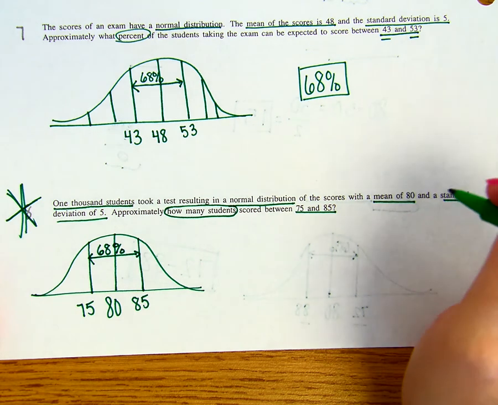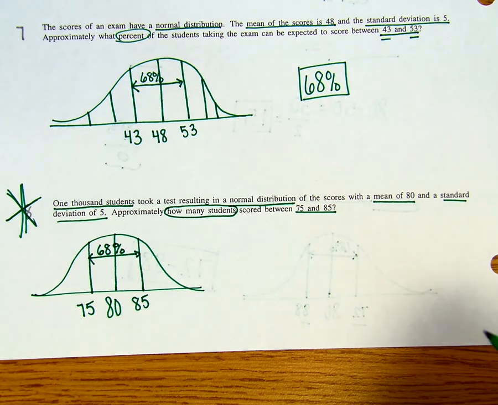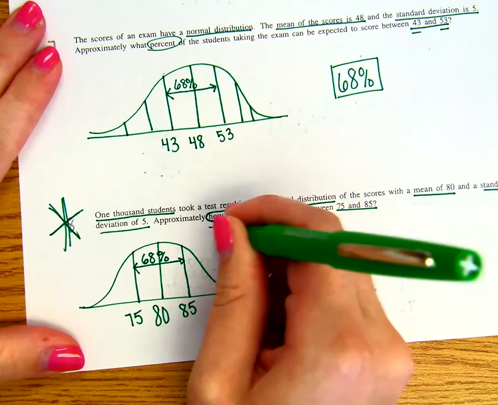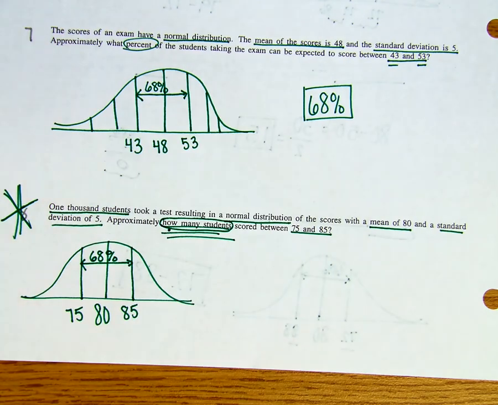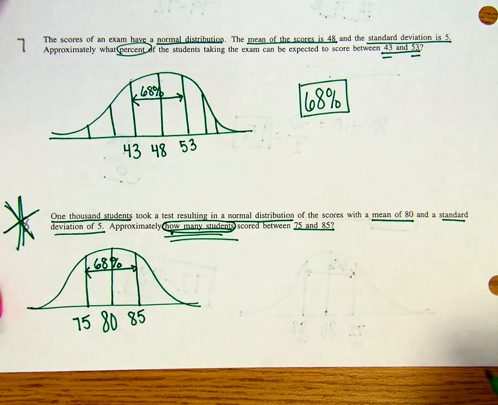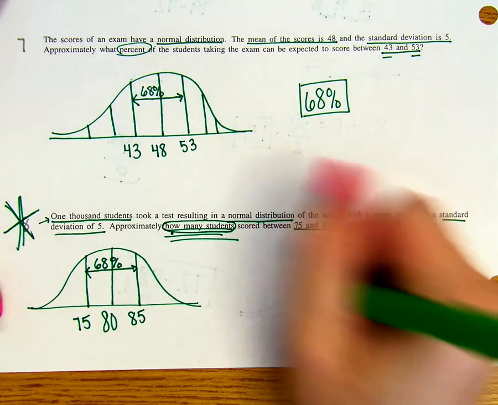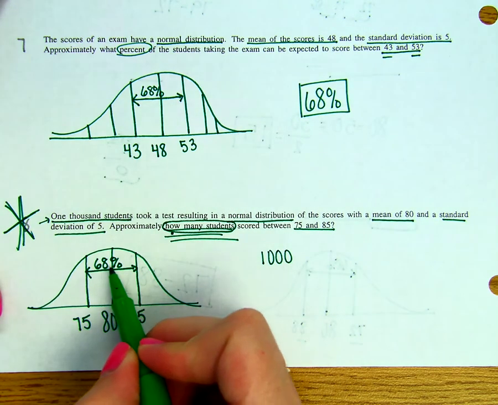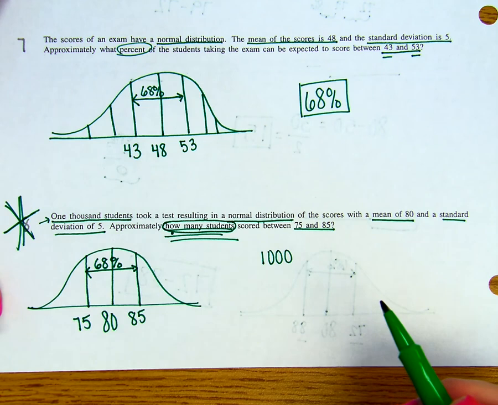Now our question is not asking us for what percent is between these two numbers. It wants how many students. So how many students specifically? Well, how many students are there altogether taking the test? 1,000. We had 1,000 students, and we want to find 68% of those students.